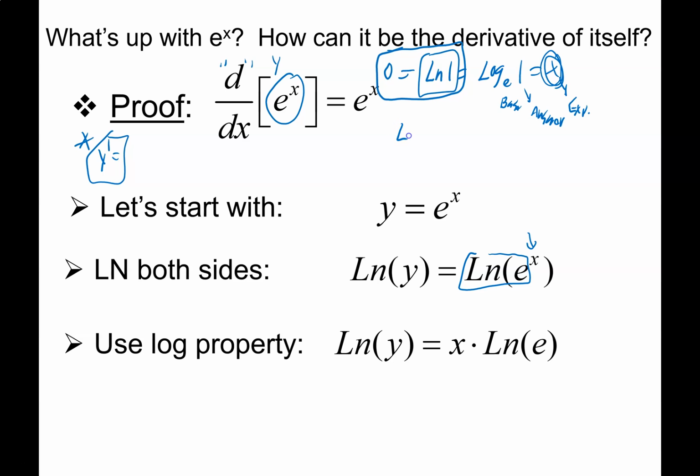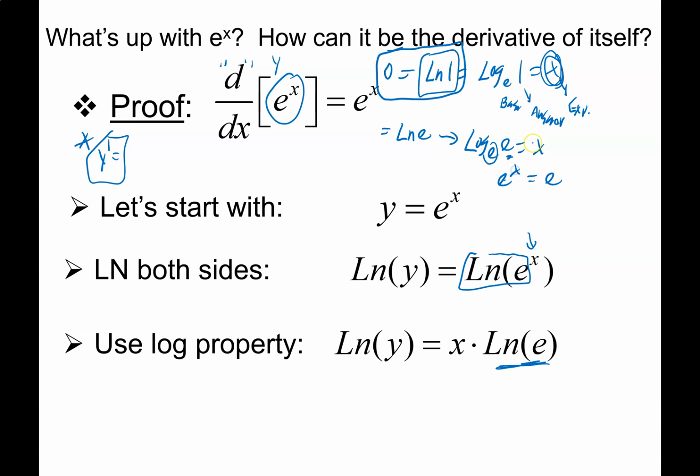The other one I want you to know specifically for this problem is ln of e, because we need to find that. So ln e means I have a log base e of e equal to some unknown power that you're trying to find. Again, I take my base, my answer, and my exponent.